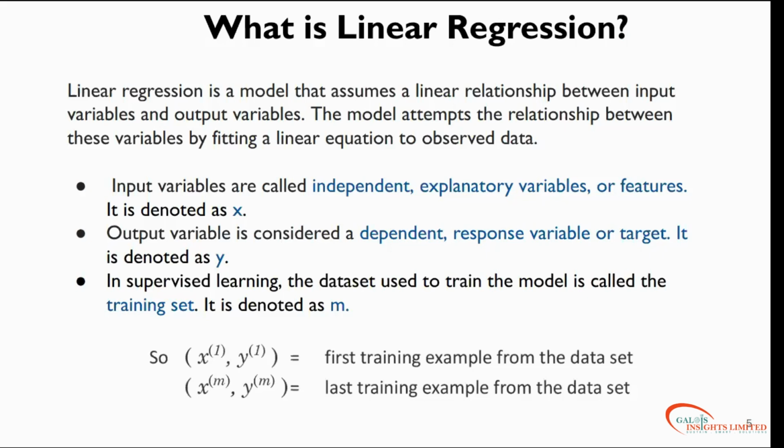The model attempts to capture the relationship between these two variables by fitting a linear function to the observed data. The observed data simply represent the data points that we want to fit the model to.